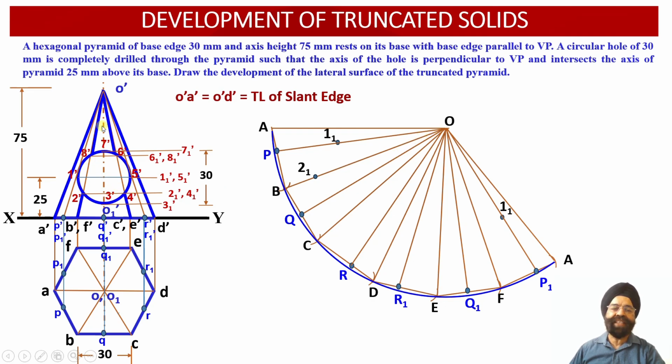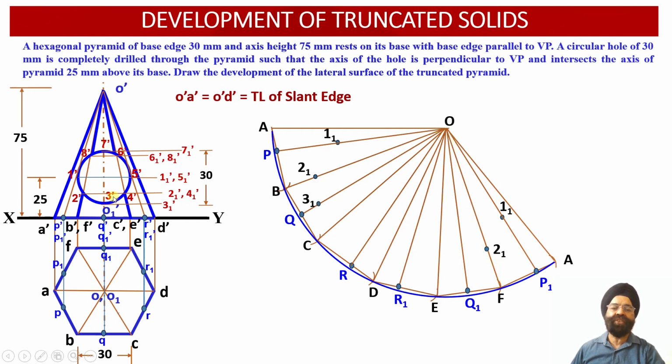We can't mark the distance O-2. Which distance do we have to mark? The true length distance. So which is this distance? This is equal to this point. So the O-21 distance we are going to mark. This distance we have marked over here and marked onto OF. So these 2 points 2-1 have been obtained onto OB and OF respectively over here.